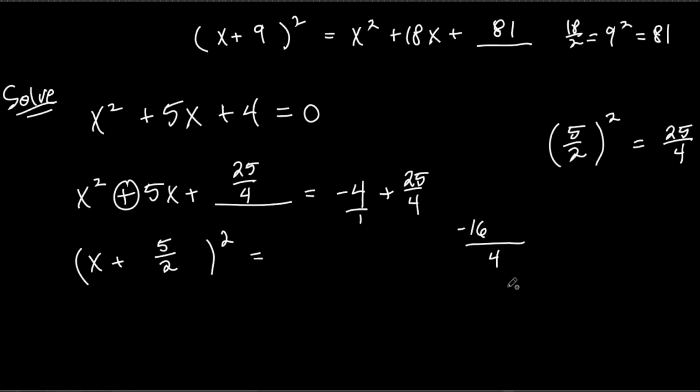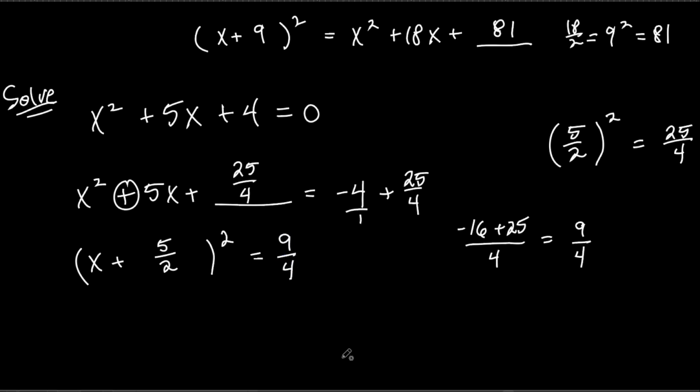Would you agree that that's negative 4? And then I got to do the rest of it plus what? 25. All I'm doing is just adding a couple fractions together, finding a common denominator. What's this come out to be? Is that 9? Positive 9 over 4. Agreed? So that goes right here.